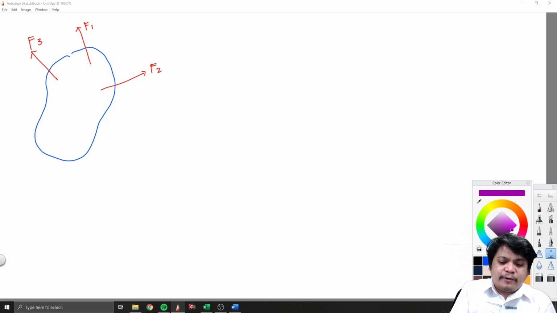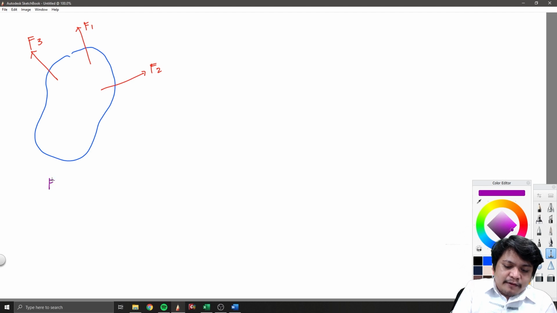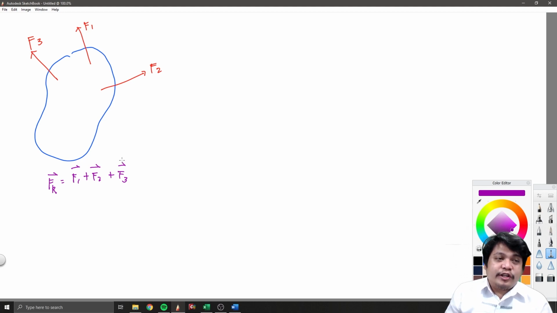Okay? So, yung F1, F2, F3 natin, hindi natin alam. Pero, you can have it as resultant that would become equal to F1 plus F2 plus F3. Okay? So, yung direction niya, depende dun sa direction ng tatlo. Example, pag ganito yung direction ko, FR.